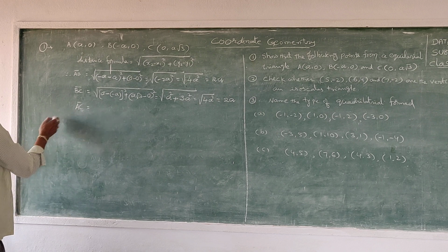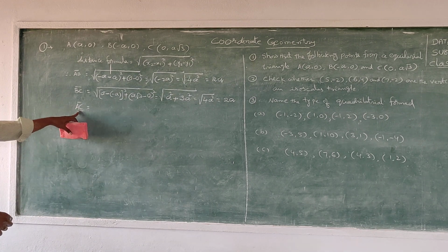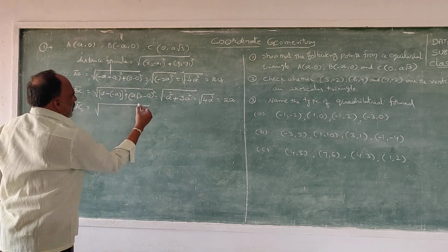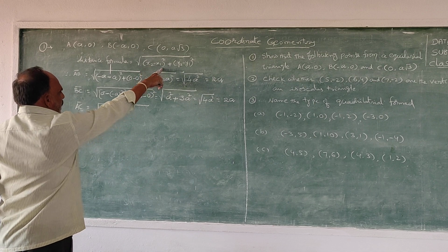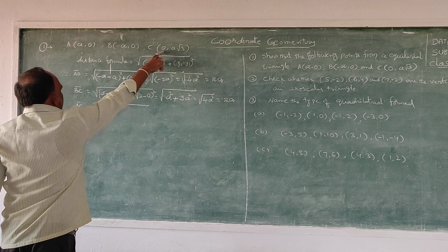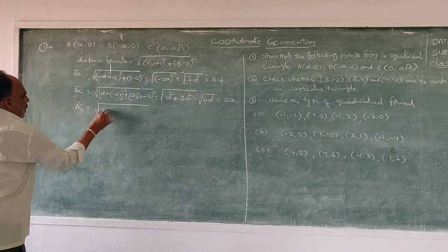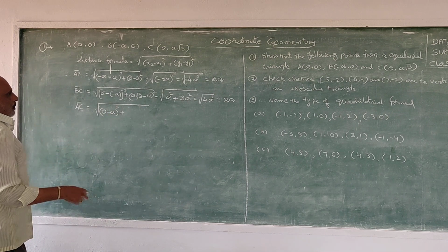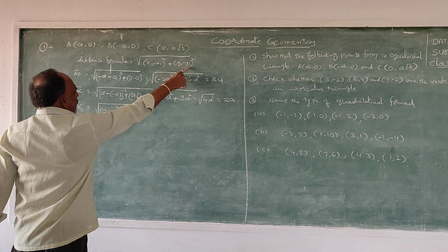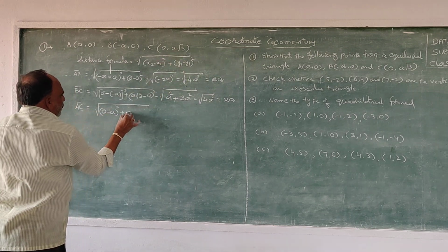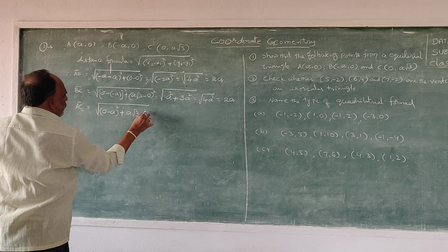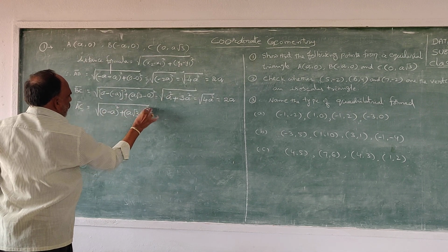To compare, A is (x1, y1) and C is (x2, y2). So use the formula: x2 minus x1, so x2 is 0, x1 is a, (0 minus a) whole square, plus y2 minus y1, y2 is a root 3, minus 0, whole square.